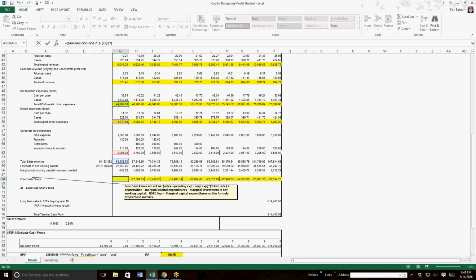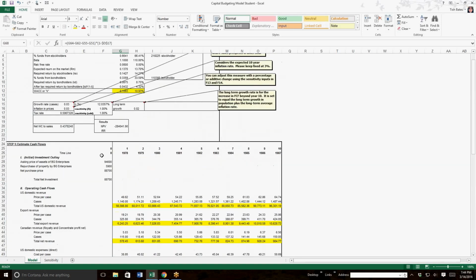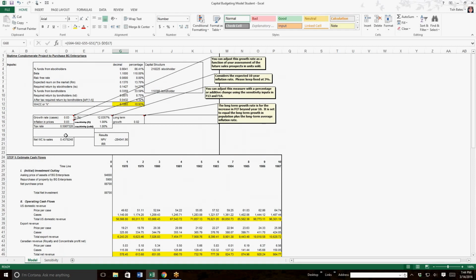And what is D17, may I ask? Tax rate. There's the tax rate. Found it!